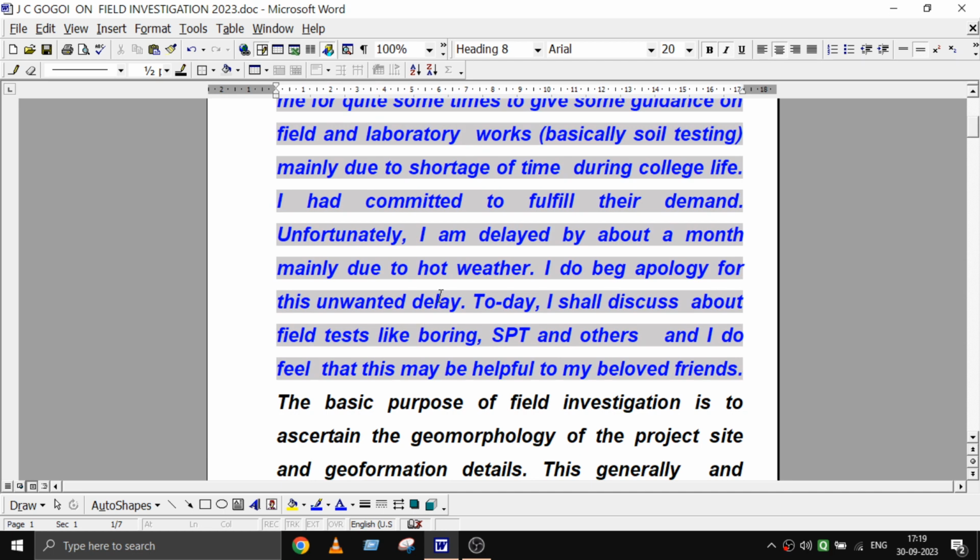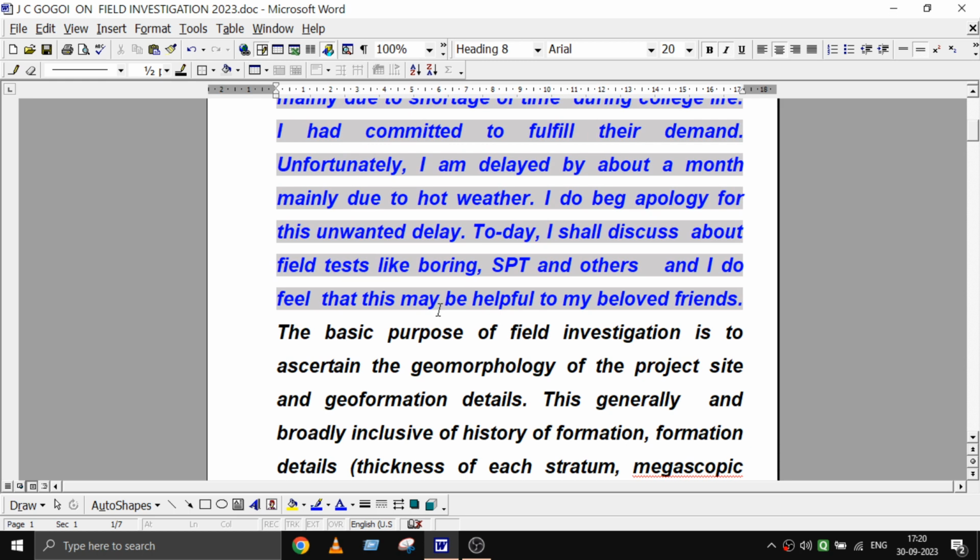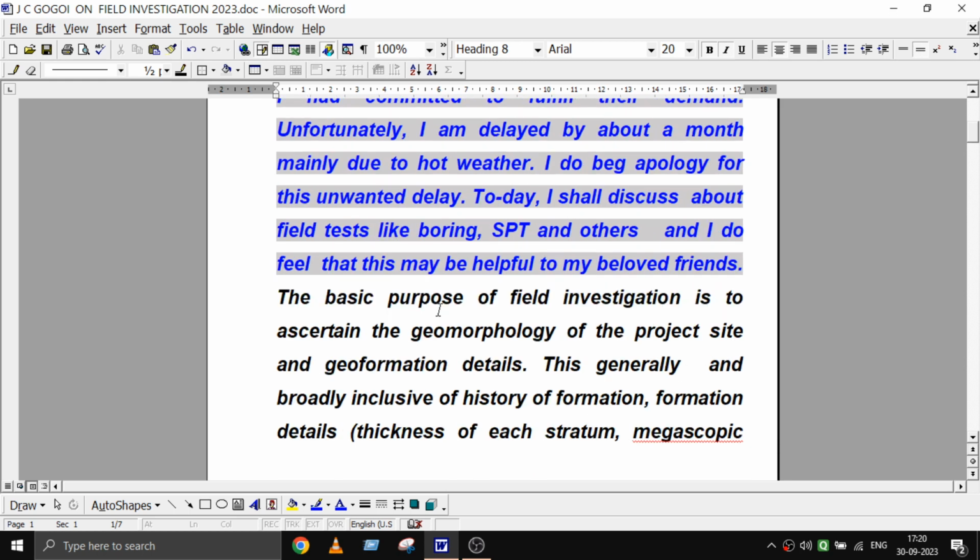The basic aim of the field investigation is to ascertain the geomorphology of the project site, geoformation details, local history, local geography, local geology, and formation details.